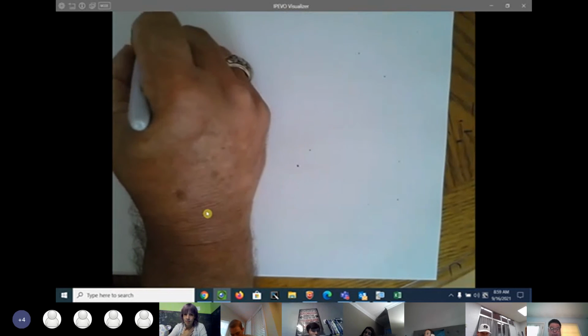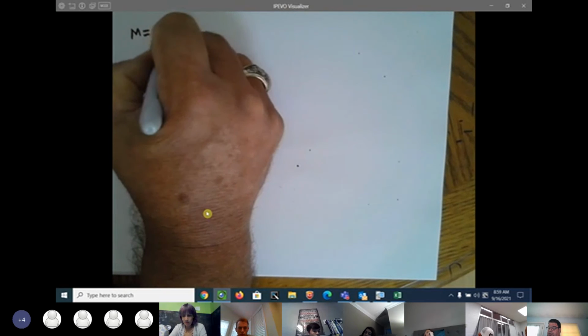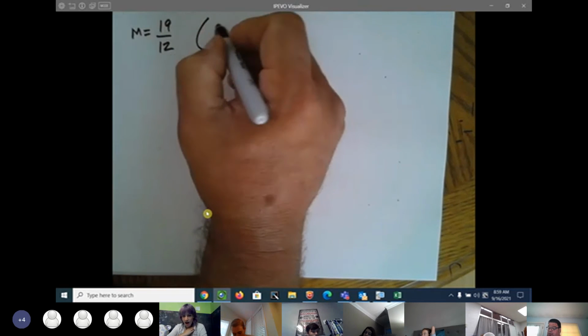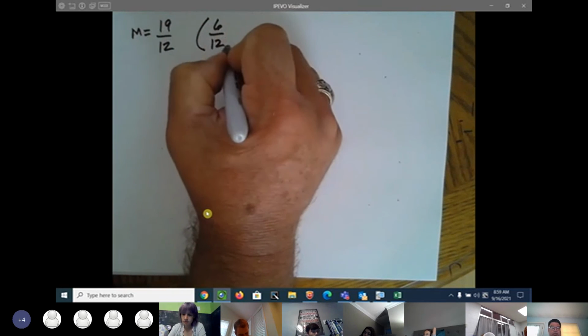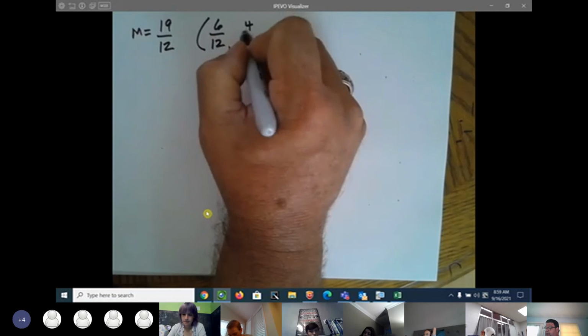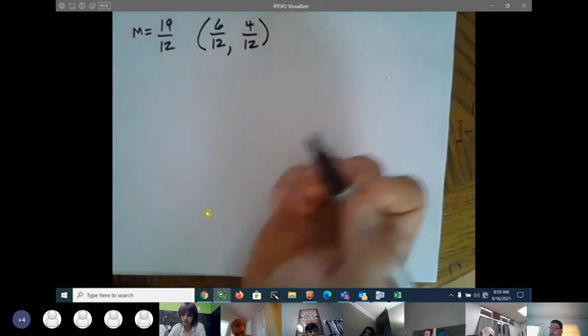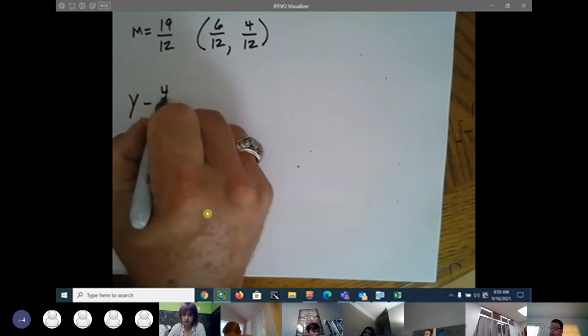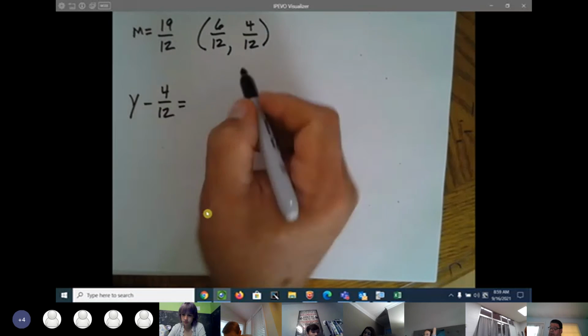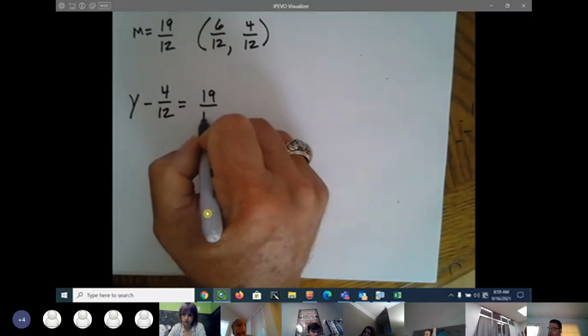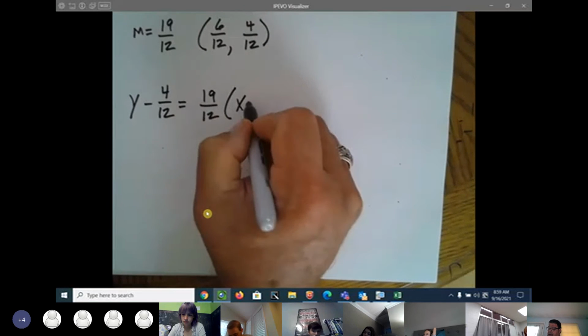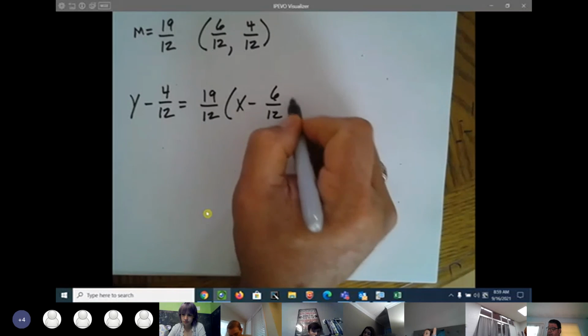M is equal to 19 twelfths, and I'm going to use 6 twelfths and 4 twelfths. Y minus 4 twelfths is equal to 19 twelfths times X minus 6 twelfths.